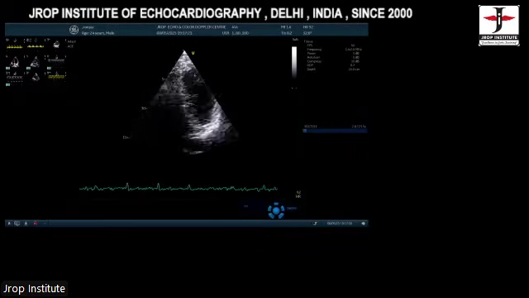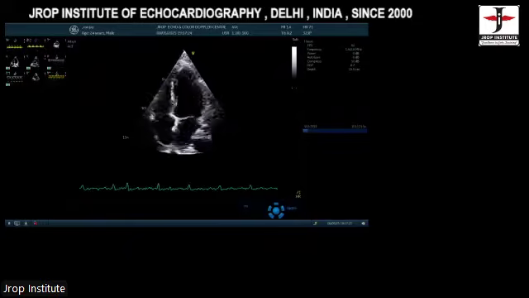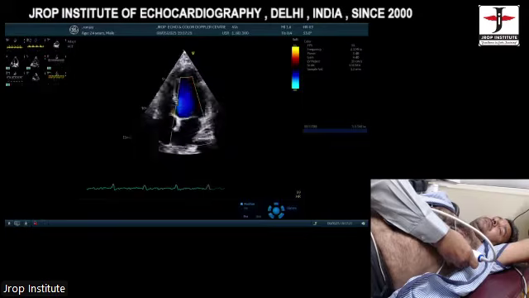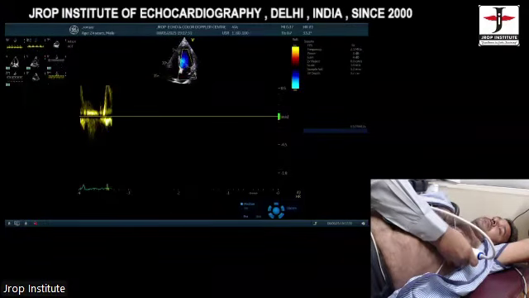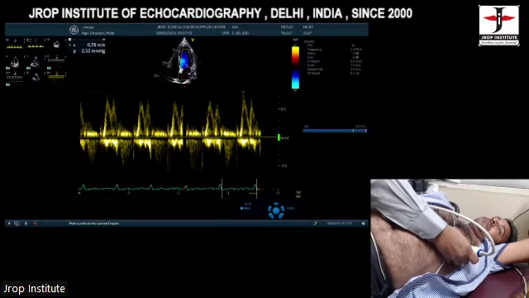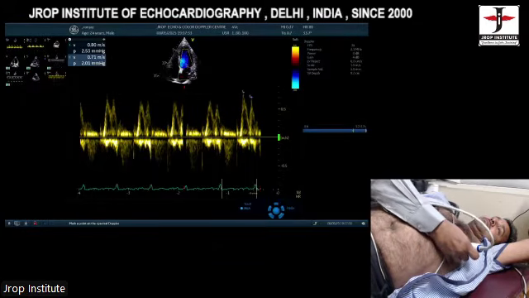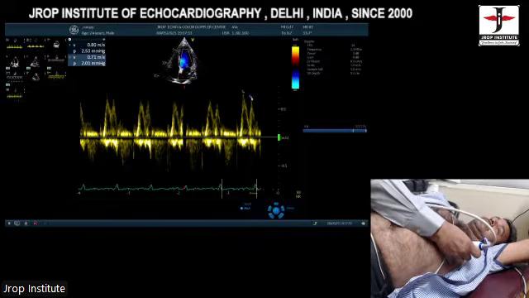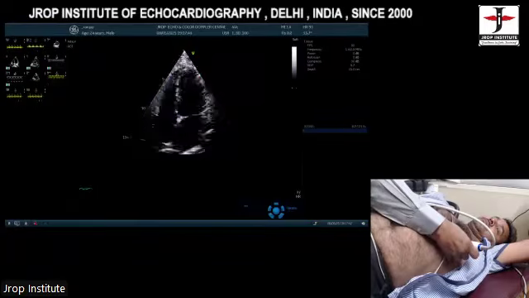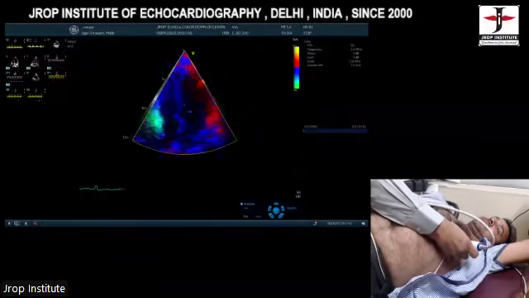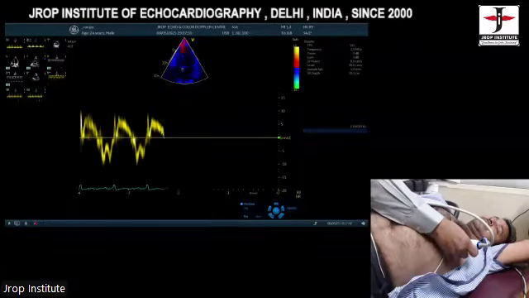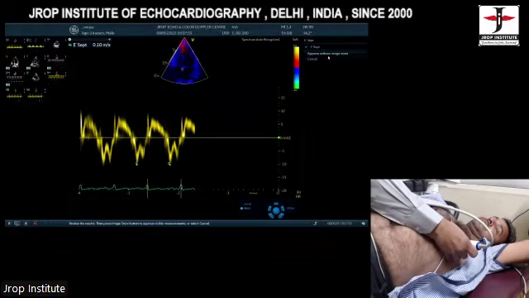So what we do is, we look at mitral flow first. This is the first parameter, E wave and A wave. I'm going to store it, 80 and 71. Then the second parameter is tissue Doppler imaging, where I take my E prime septal.